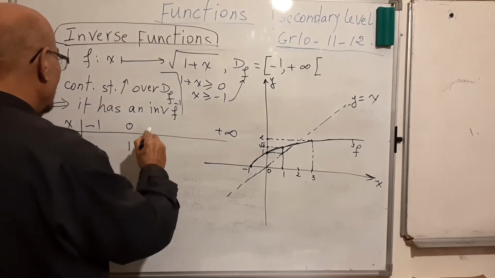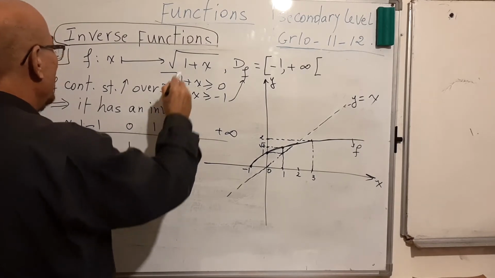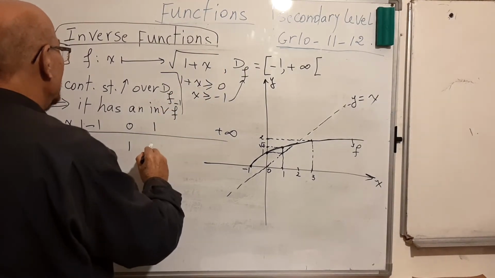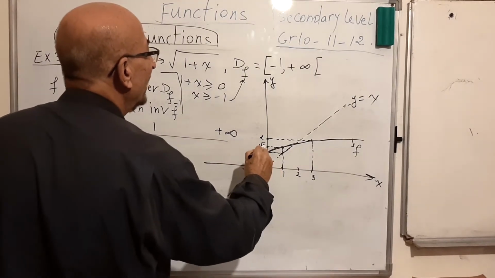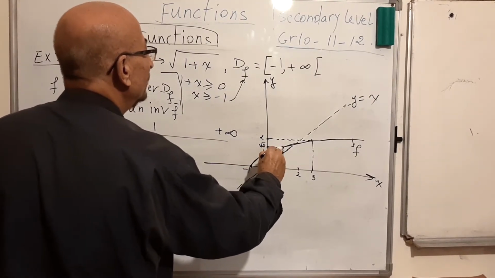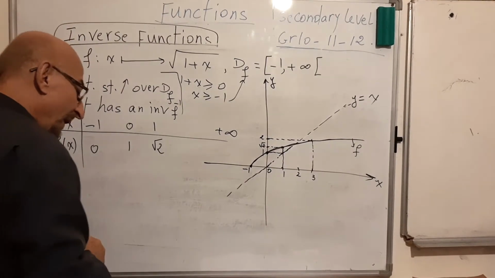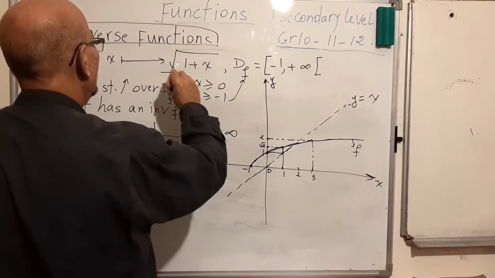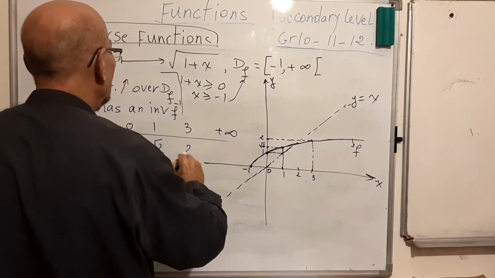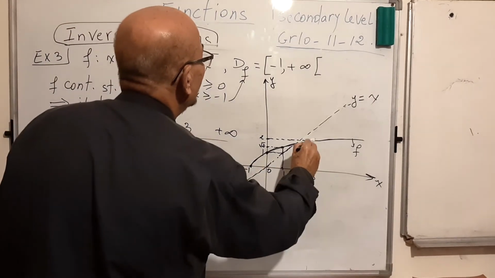For x equal 1, f of x equals radical 2. For x equal 3, 1 plus 3 is 4, radical 4 equals 2, we have the point (3, 2).